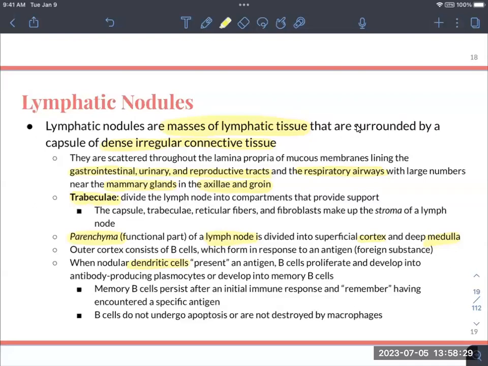We house a lot of different B cells. These B cells can develop into plasmacytes and memory B cells. Memory B cells are going to remember coming across specific types of infections.